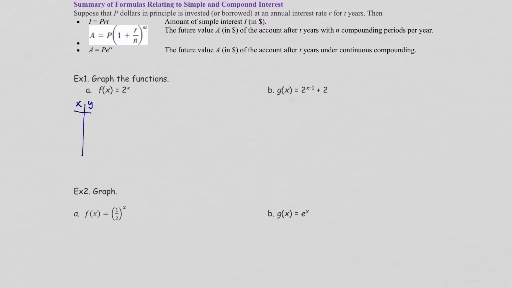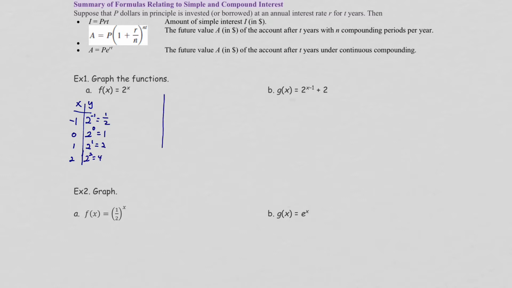When x is negative 1, this is going to be 2 to the negative first exponent, which is 1 over 2. When x is 0, the 0 exponent will be 1. When x is 1, it will be 2 to the first exponent, which is 2. When x is 2, that's going to be 2 squared, which is 4.